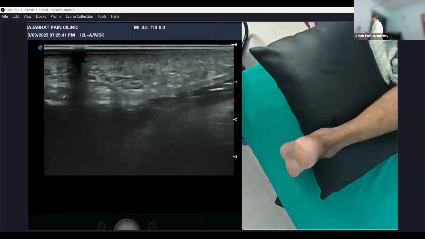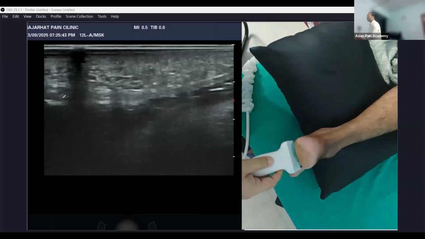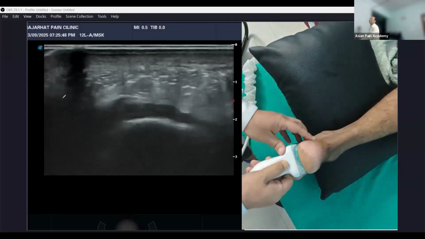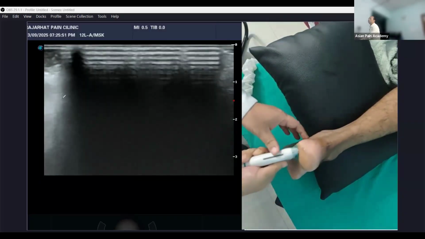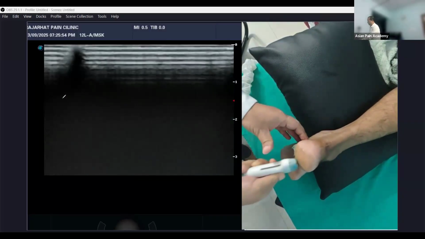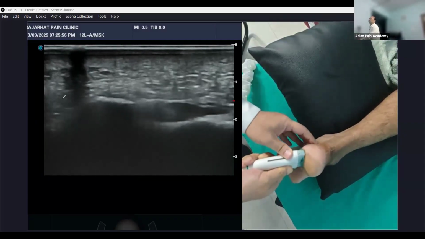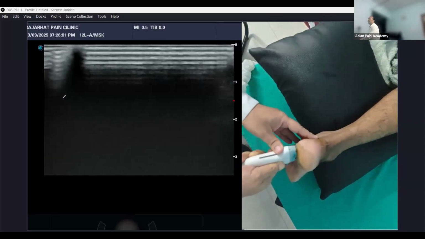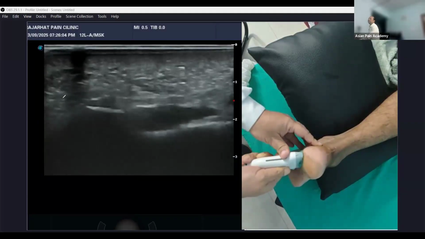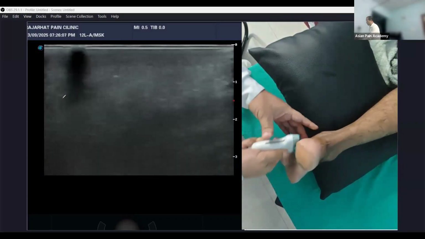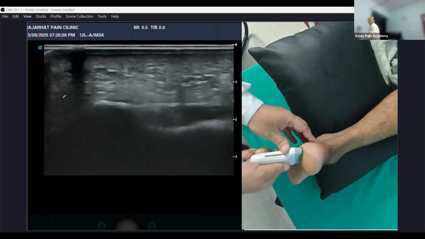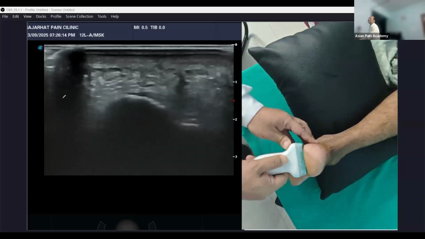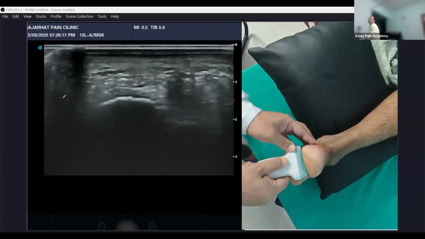So here also, while doing intervention, you have to go for the short axis. I can show you from this side so that you can perceive well. Here I put the calcaneum bone in the middle part of the screen. Now I make it a short axis.